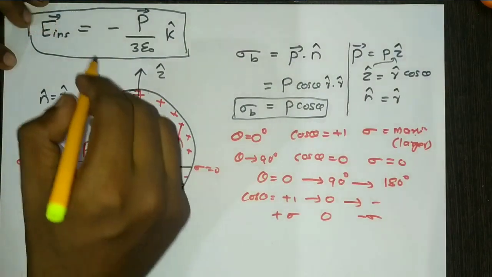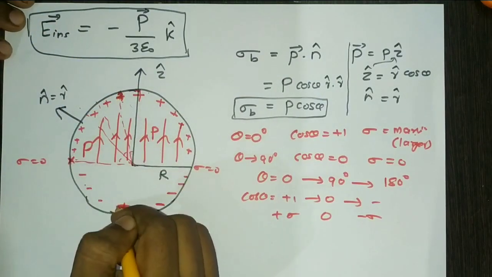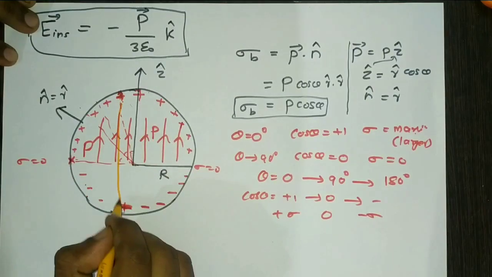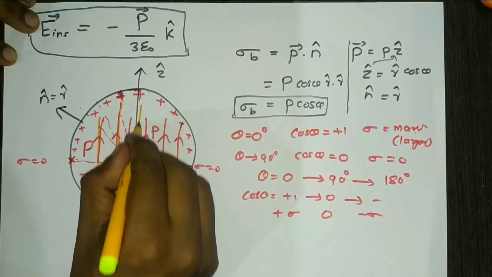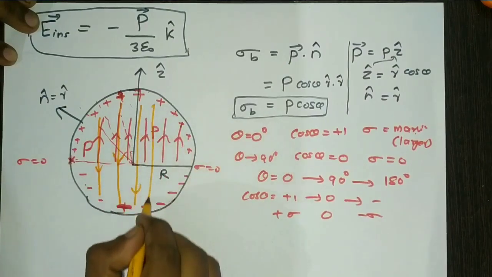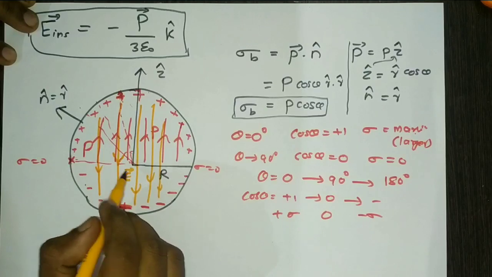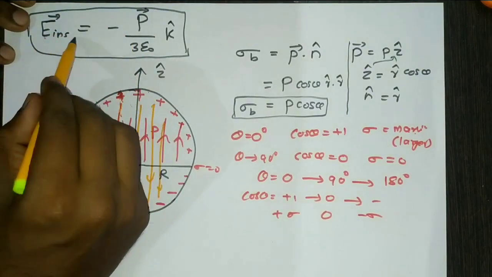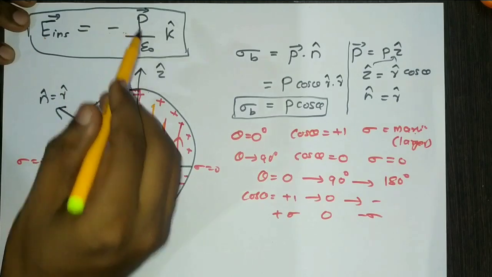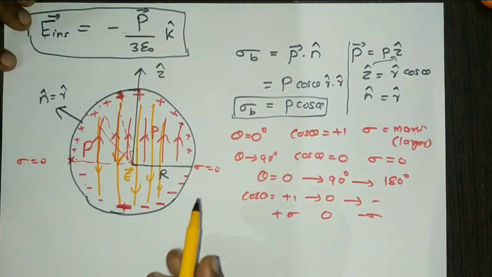If you draw the electric field lines, the electric field line starts from the positive charge and ends on the negative charge. I can draw these electric field lines in this way. This is the electric field line. From the expression you can see the electric field inside is opposite to the direction of the polarization. Electric field is downward, polarization is in upward direction.